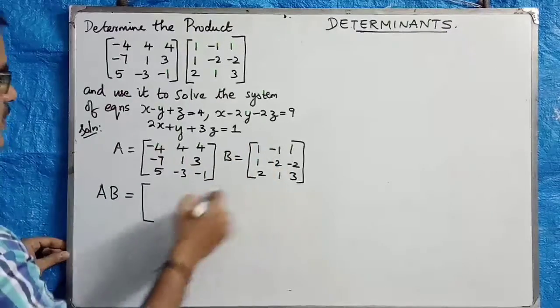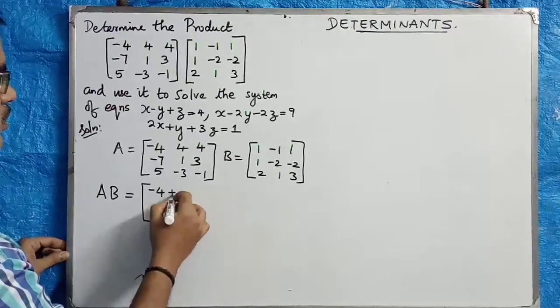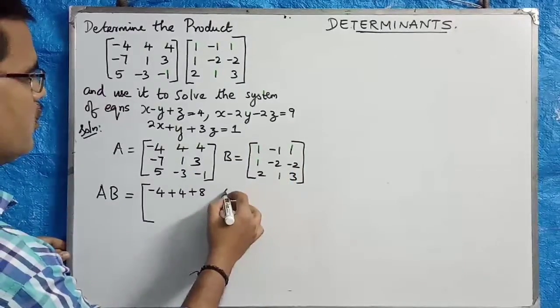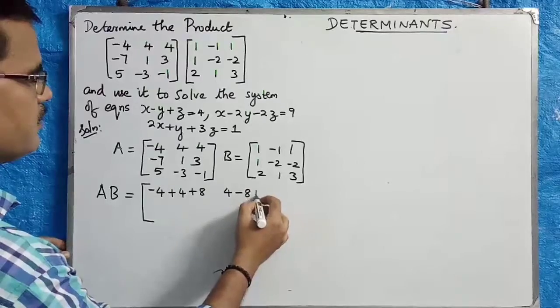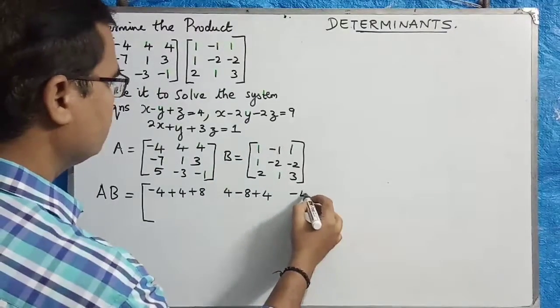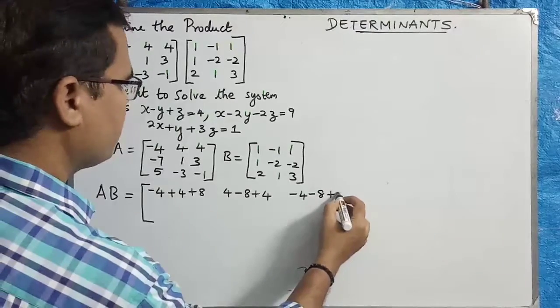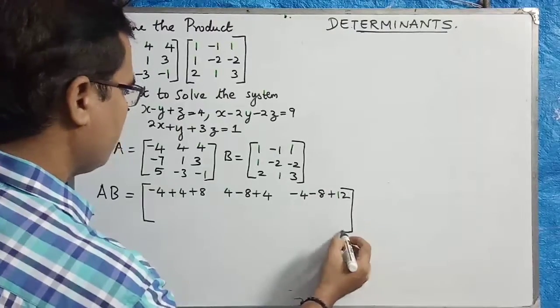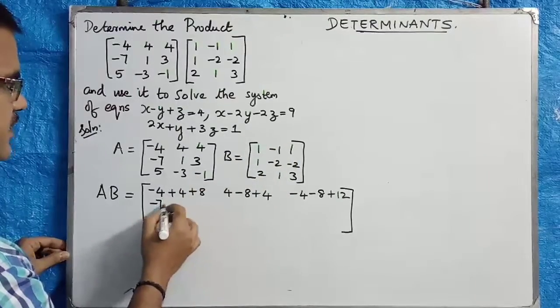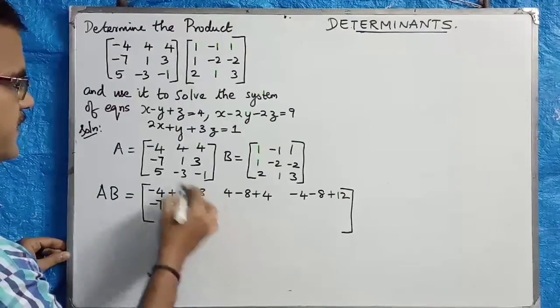AB, first row with the first column, gives minus 4 plus 4 plus 8. First row, second column, 4 minus 8 plus 4. First row, third column, minus 4 minus 8 plus 12. Then second row, first column, minus 7 plus 1 plus 6.